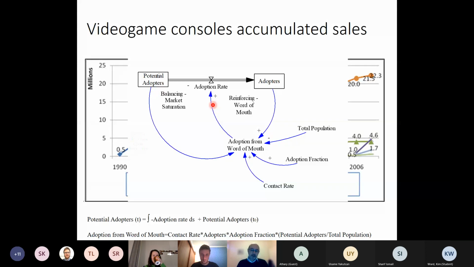This is a very common structure that you see in many social processes.